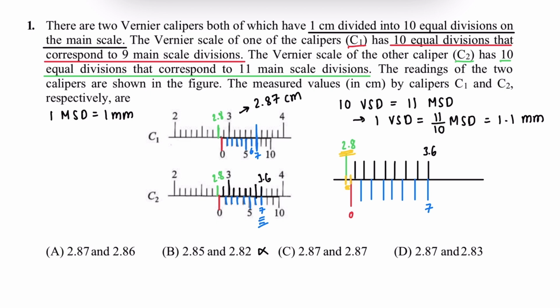So our main objective here now is to find this distance right here, and I'm going to name that distance as x. Let me use black. Okay, so this distance right here is what we're trying to find, and that distance is x. So that's what we're going to find. Now, if we think about it, this part is pretty simple, because x, the distance between the vernier 0 and this, is what we need to find.